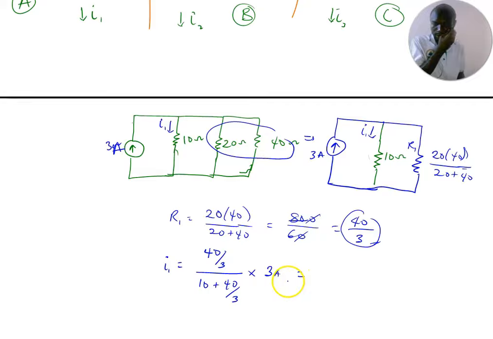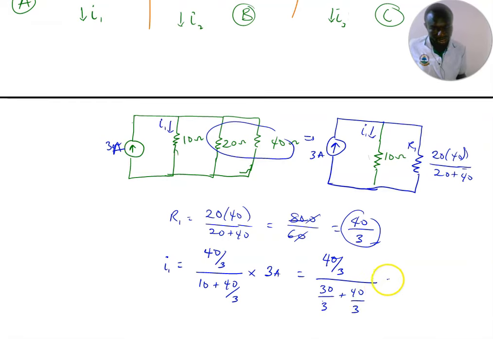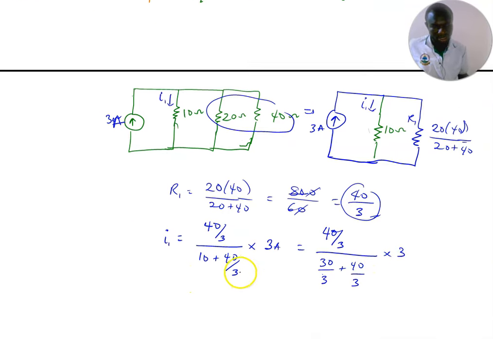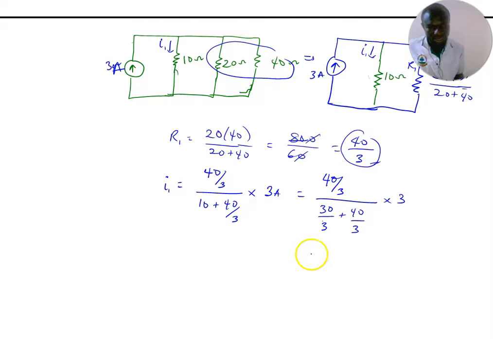So that is the result. Let's see whether you can simplify. 40 over 3, all divided by 30 over 3 plus 40 over 3. Do you get it? So at the end, what do you get? 40 over 3, all divided by 70 over 3, times 3.